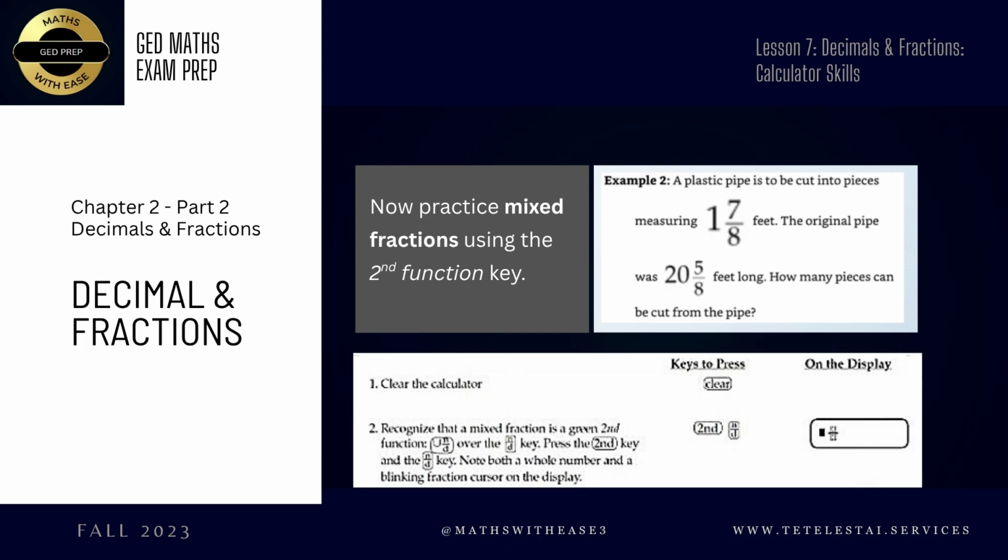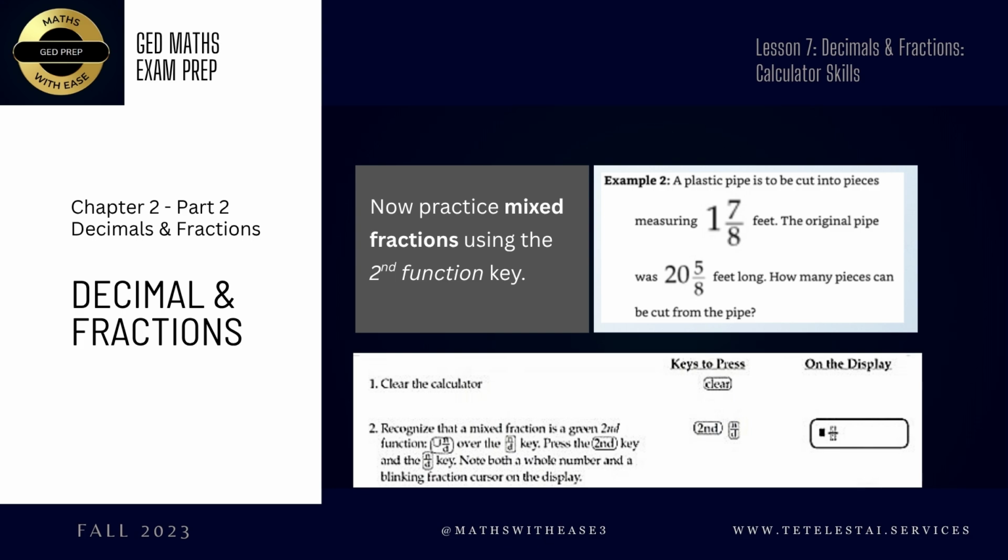So you start again by clearing your display, you're clearing the memory of your calculator. Excuse me. And then you need to recognize that since you're working with mixed fractions, you need to press the second function key, okay?